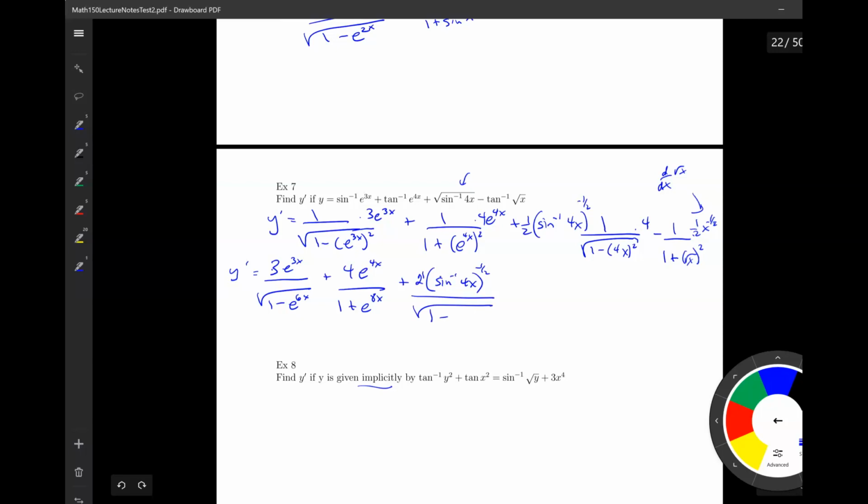Square root of 1 minus 16x squared. And then here, minus, I'll just leave this guy up here, and then I'd have 1 plus x.